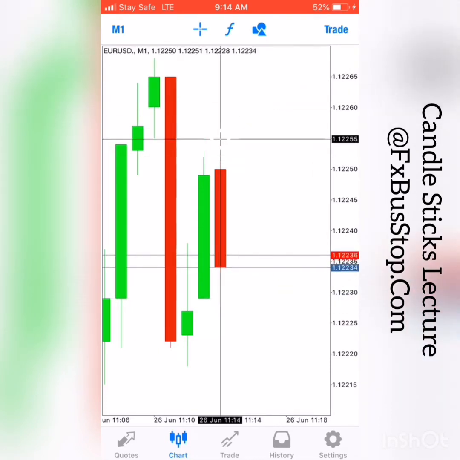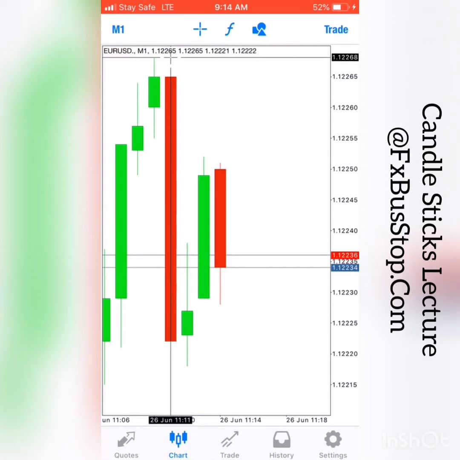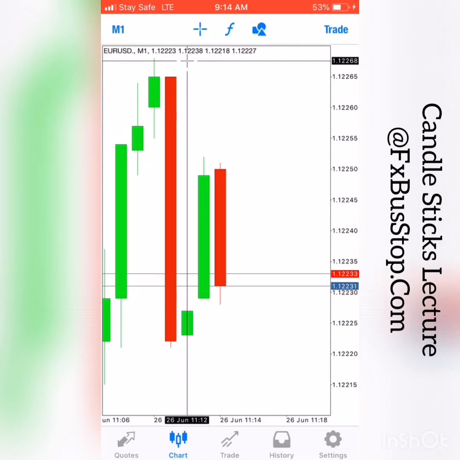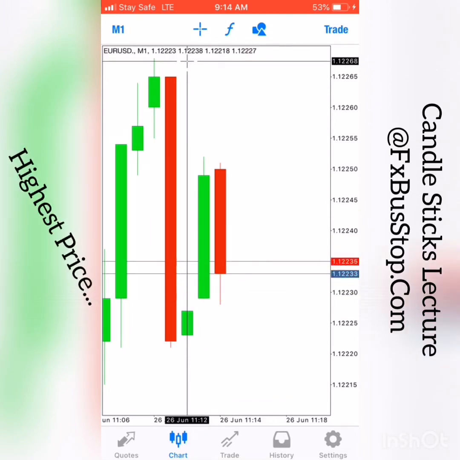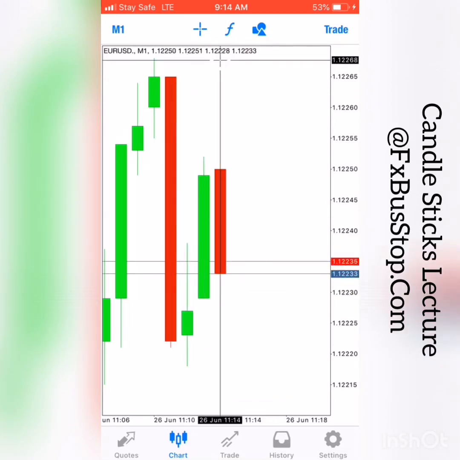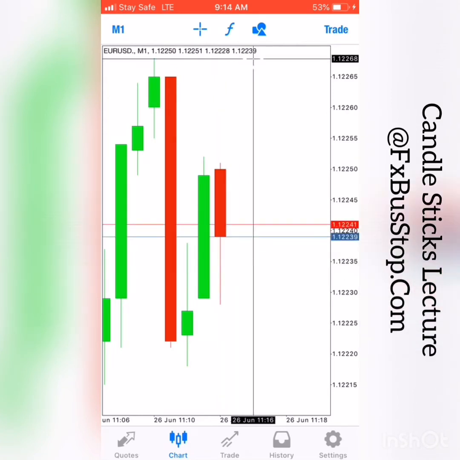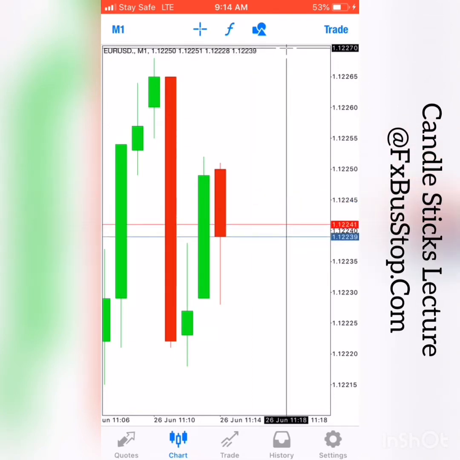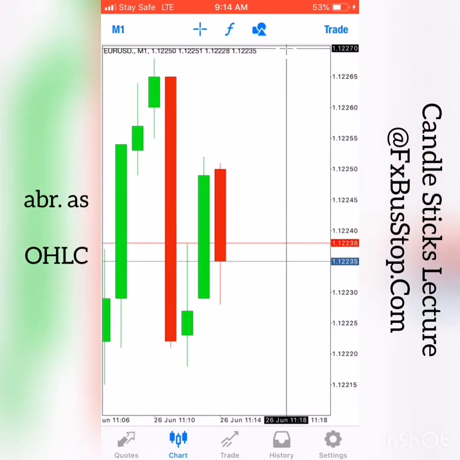From the left hand side, the first set of numbers is the opening price, the second set is the highest price reached, the third set is the lowest price, and the last set is the closing price, OHLC, like I said previously.